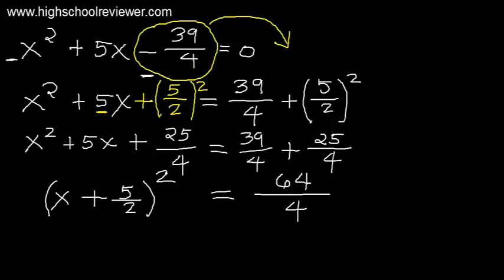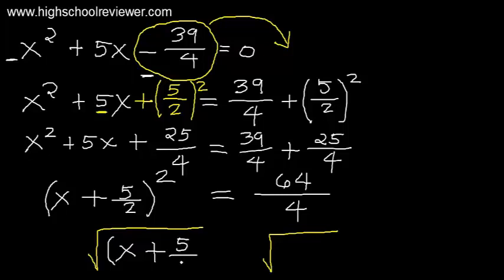To remove the square sign here, we are going to get the square root of both sides. On the left will be the square root of the quantity x plus 5 over 2 raised to the power of 2, equals the square root of 64 all over 4.